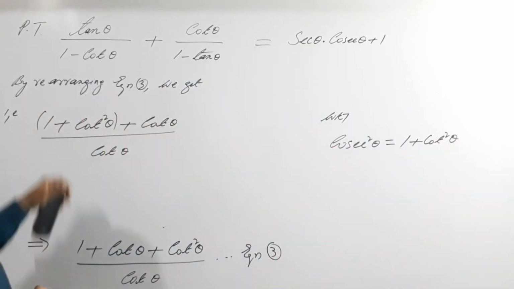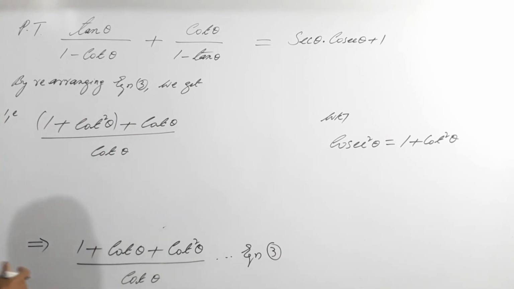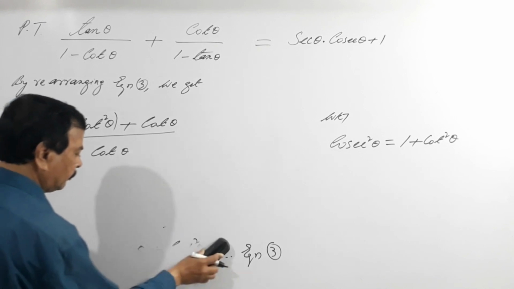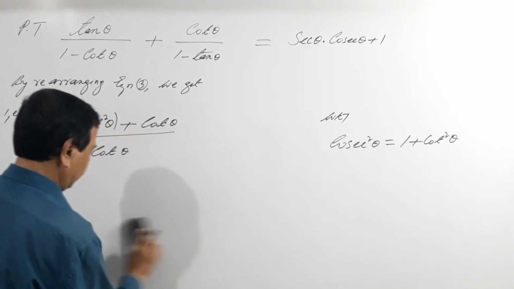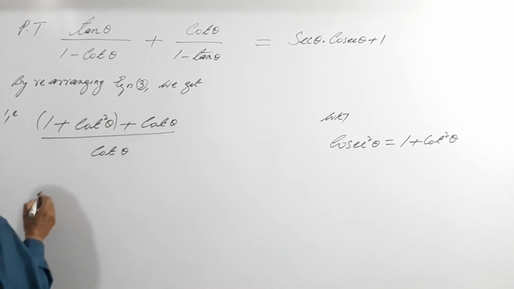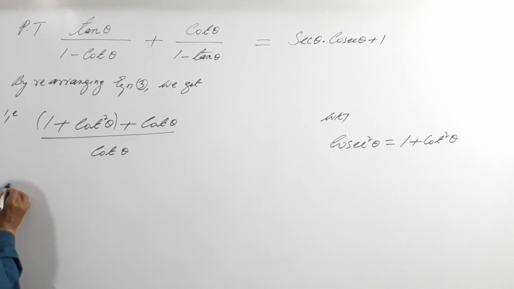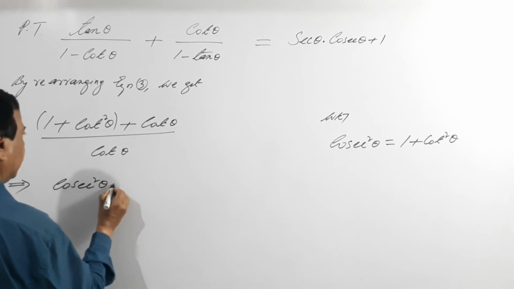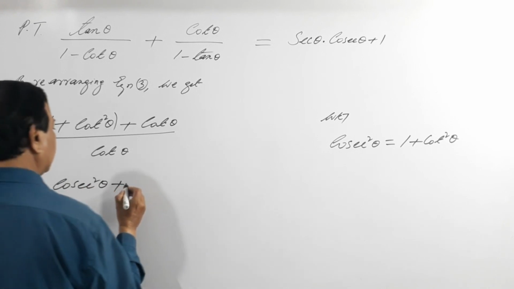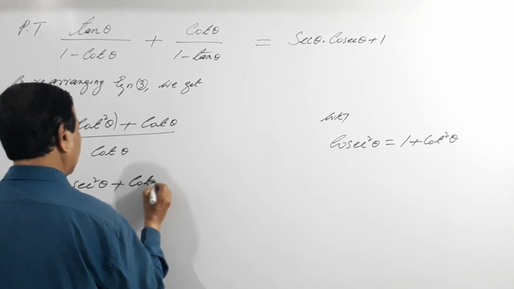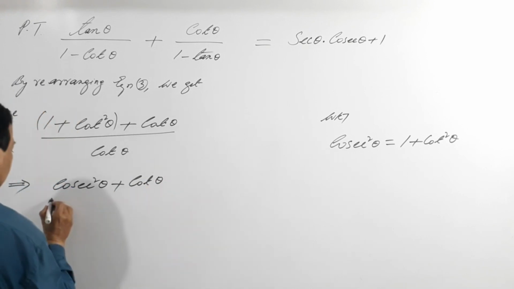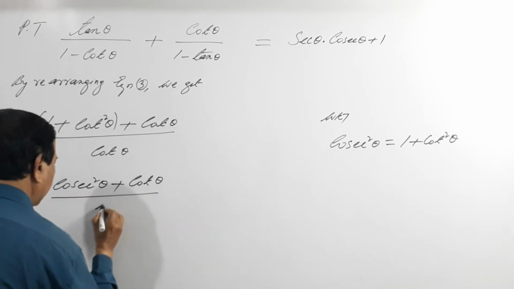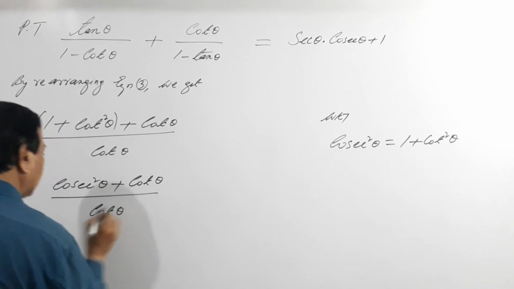So this becomes cosecant square theta. So this becomes cosecant square theta plus cot theta by cot theta.